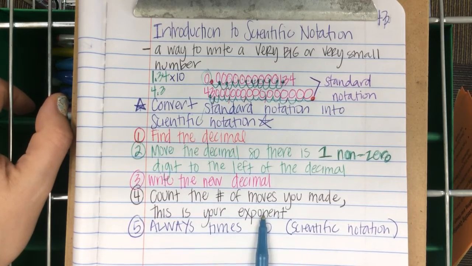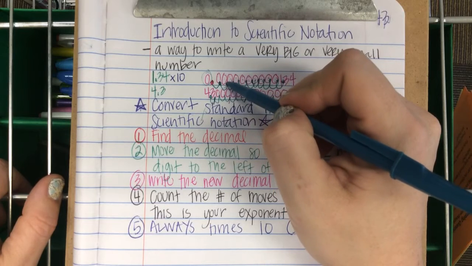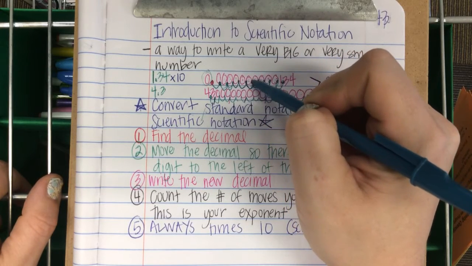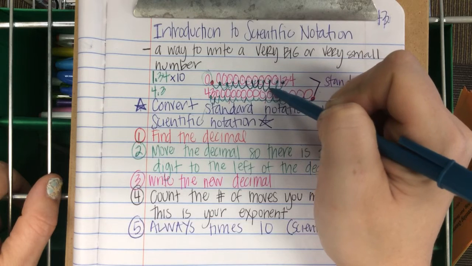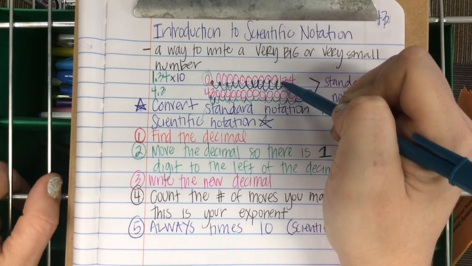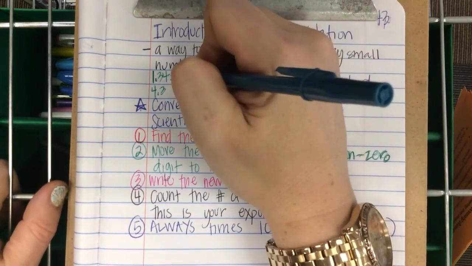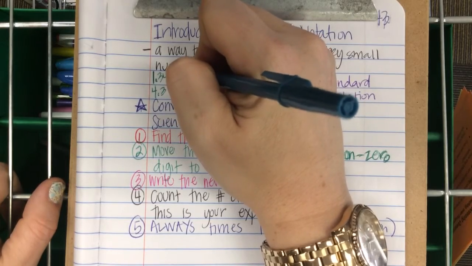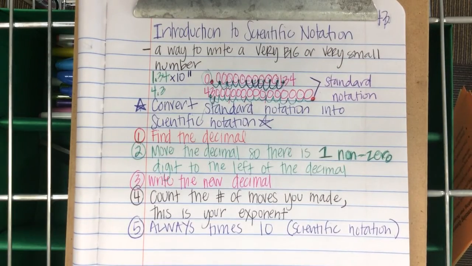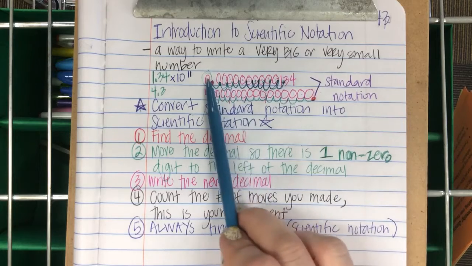This is your exponent. So we moved 1, 2, 3, 4, 5, 6, 7, 8, 9, 10, 11. Right? You count. So it's to the 11th. But is it positive or negative? Look at your base 10s. What kind of exponents were on numbers that looked like this?